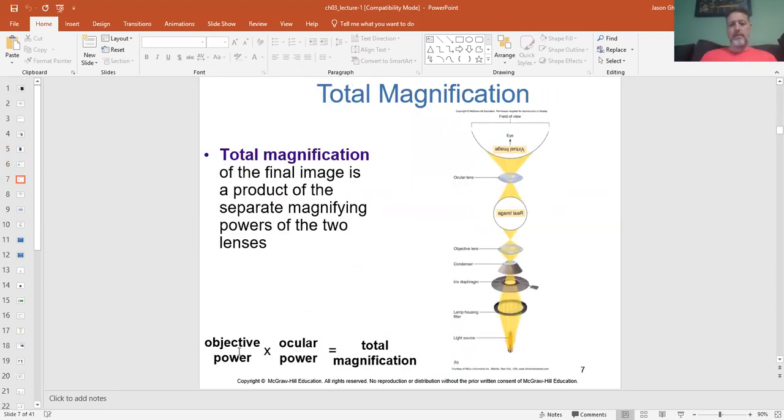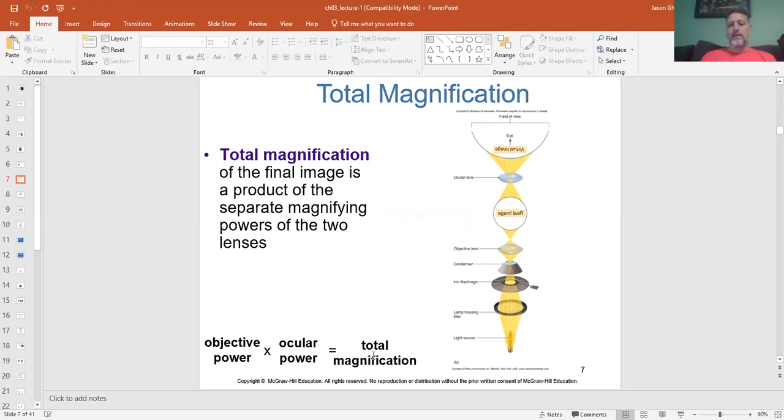Total magnification is the magnifying power of your objective lens times your ocular power, and that gives you your total magnification. Most eyepieces are at 10x, so they magnify 10 times.